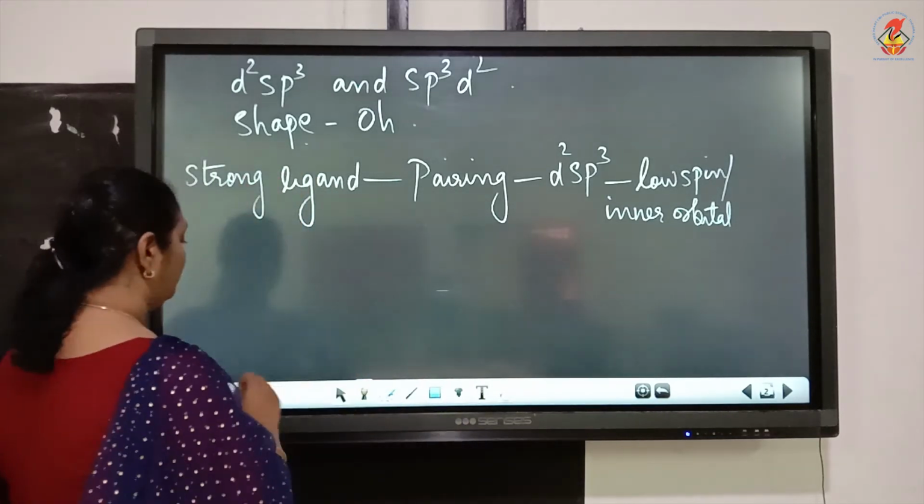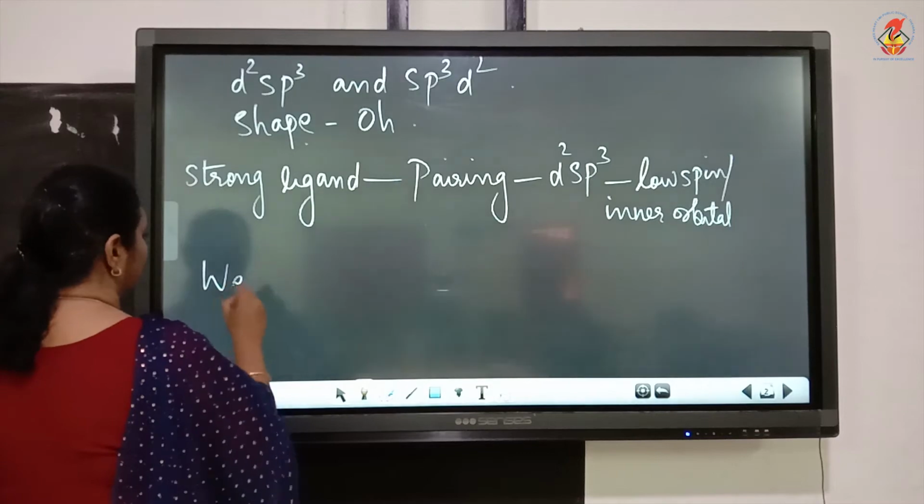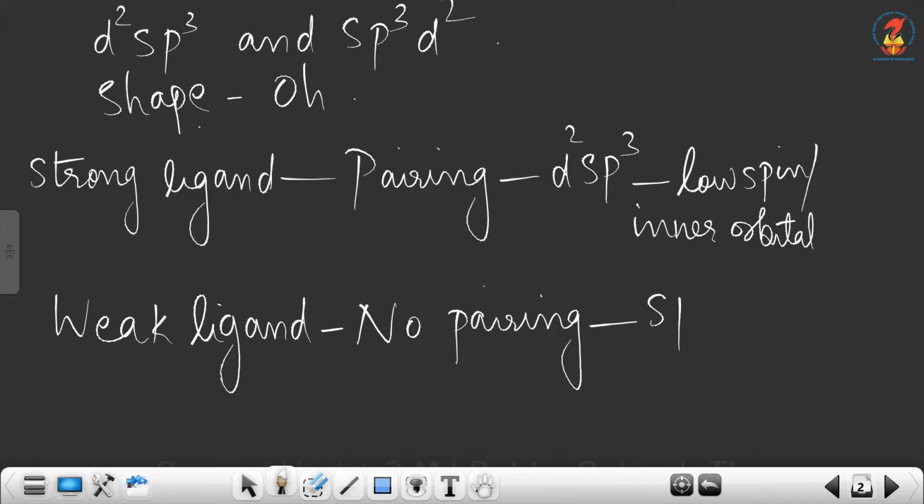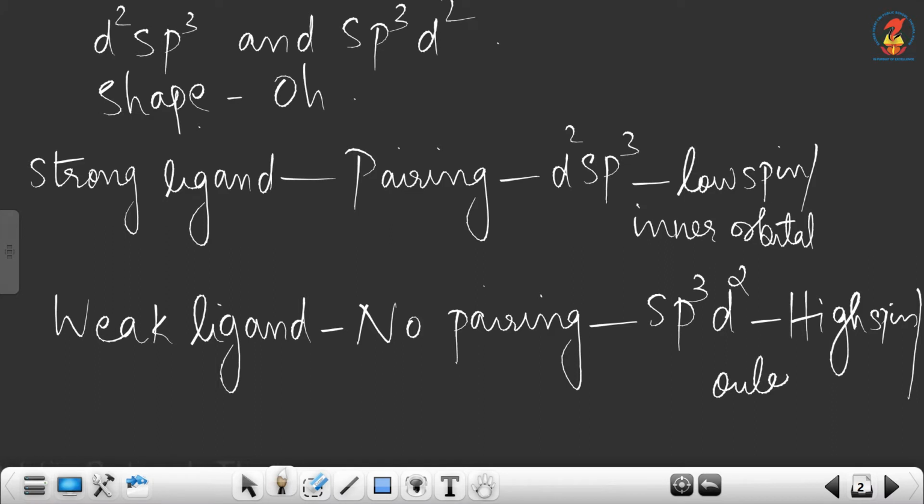Now if it's a weak ligand, then pairing of electrons will not take place. In that case, the hybridization is sp3d2 and they form high spin or outer orbital complex.